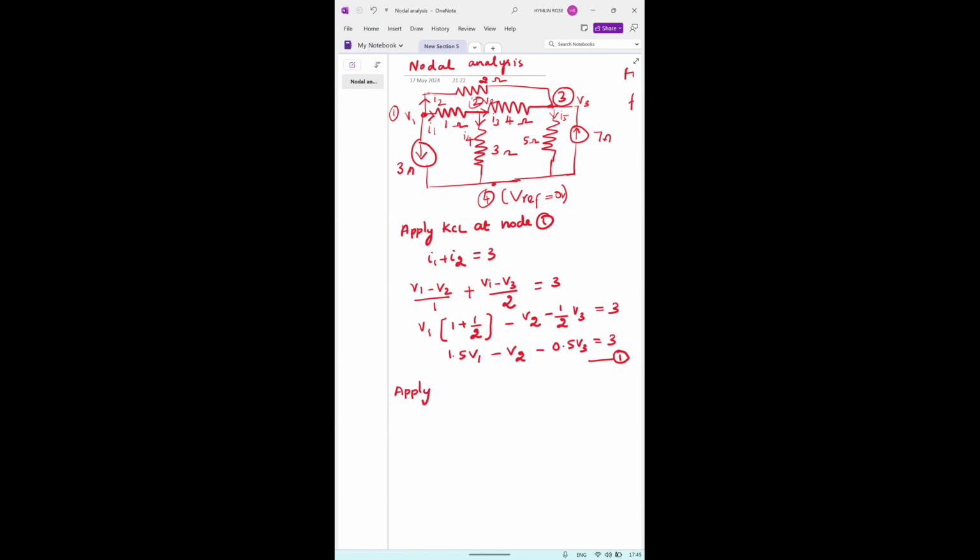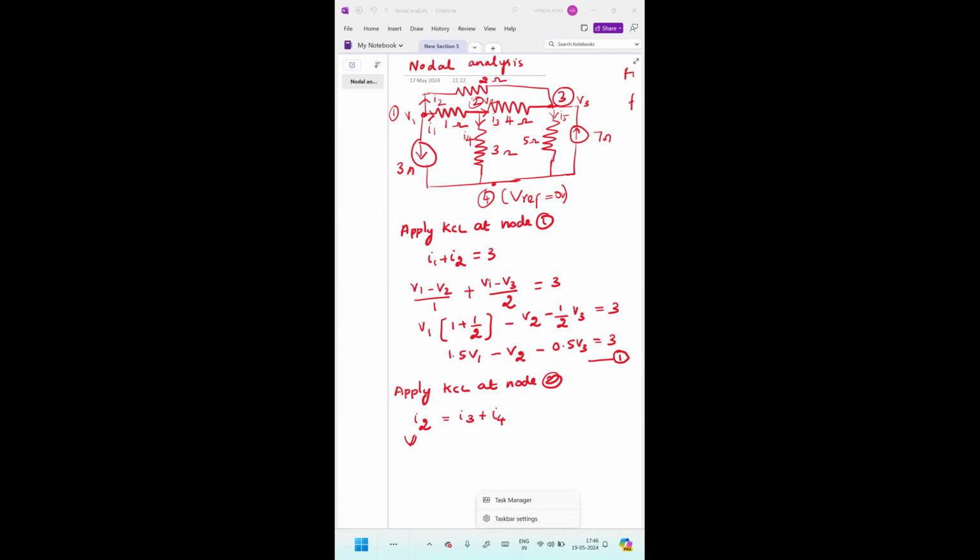Now apply KCL at node 2. At node 2, how many branches are meeting? There are 3 branches. I2 is the incoming current, and I4 and I3 are the outgoing currents. So I2 equals I3 plus I4. What is I2?